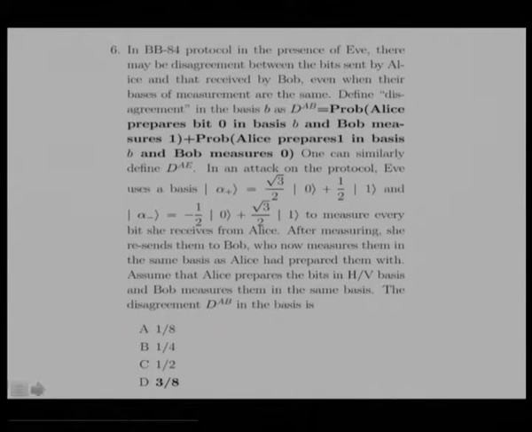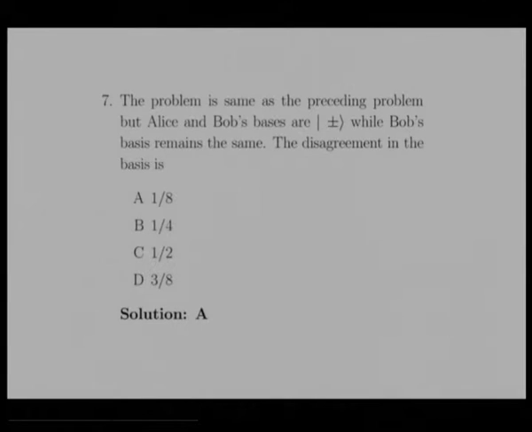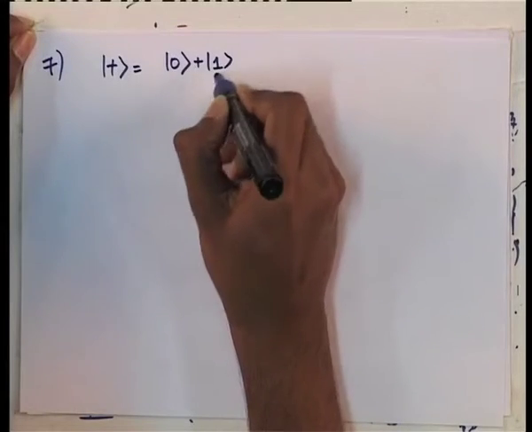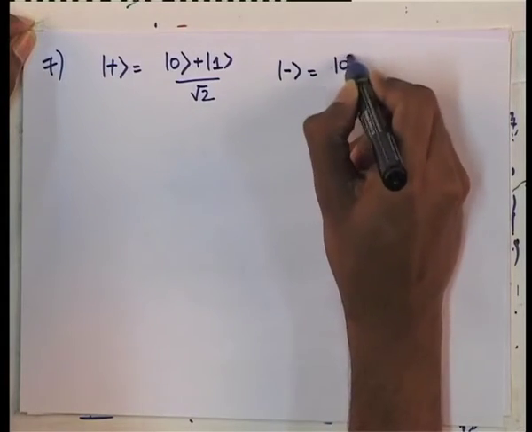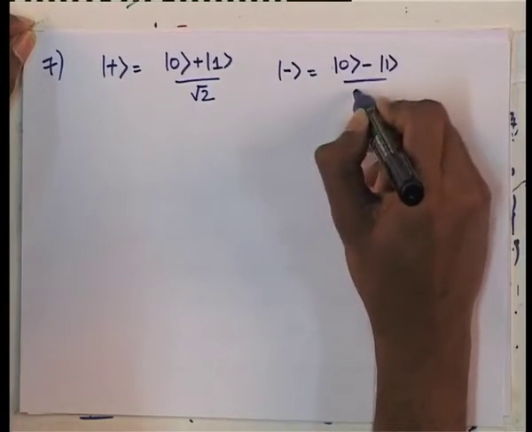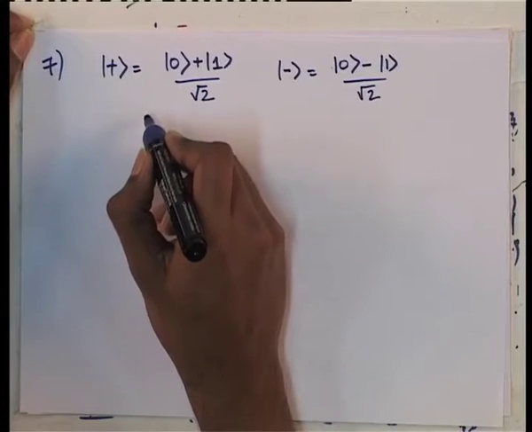Let us look at problem number 7. Problem number 7 is same as that of problem number 6, but the bases used by Alice and Bob are changed to plus and minus. We know that plus is nothing but 0 plus 1 divided by square root 2, and minus is 0 minus 1 by square root 2.